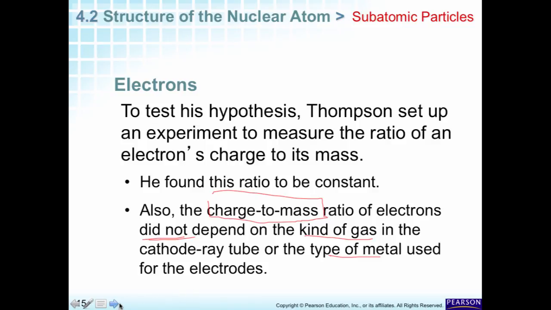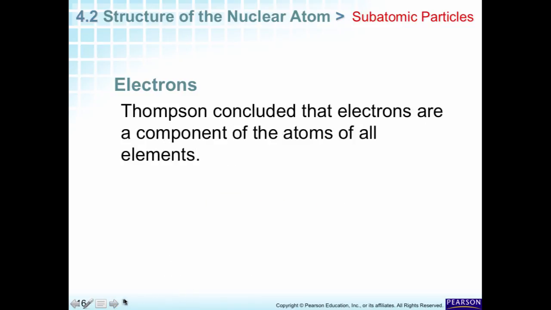Okay, so this is a big, big change. So from this, he was able to conclude that electrons are a component of the atoms of all elements. So it's a particle that makes up every element, but it's not unique to a given element.